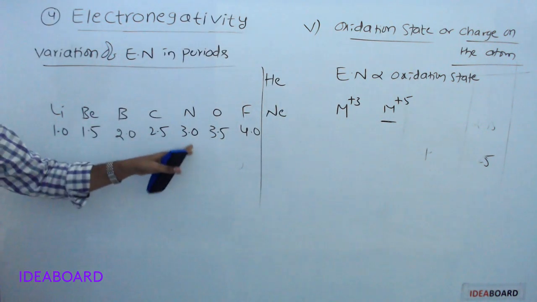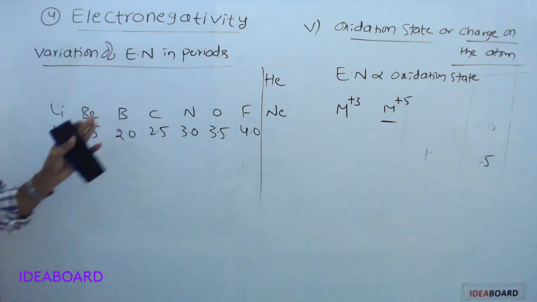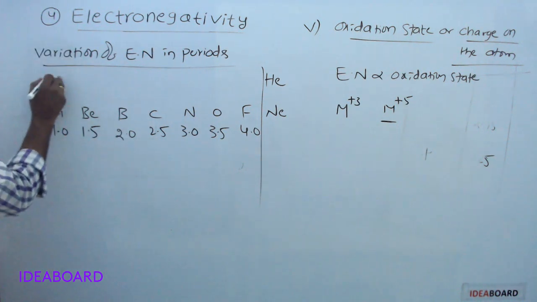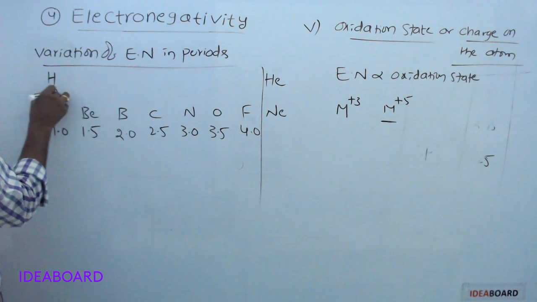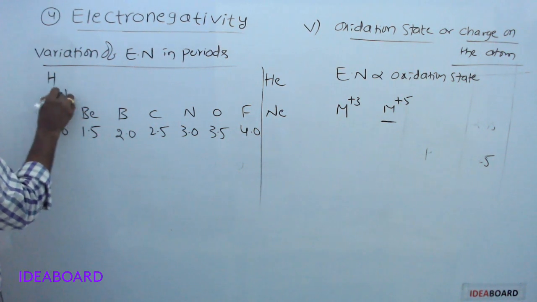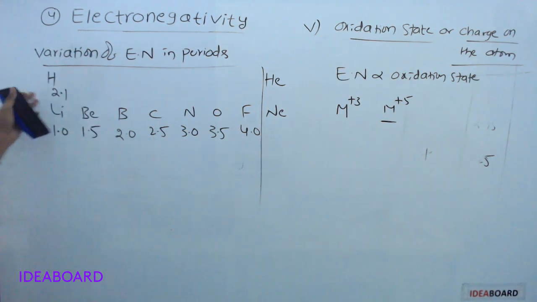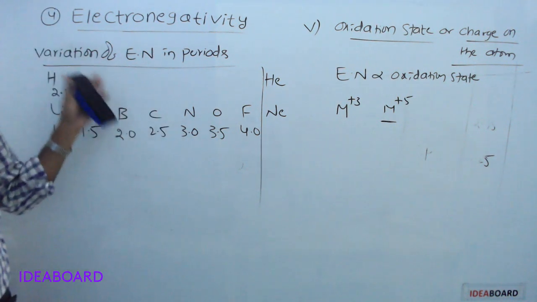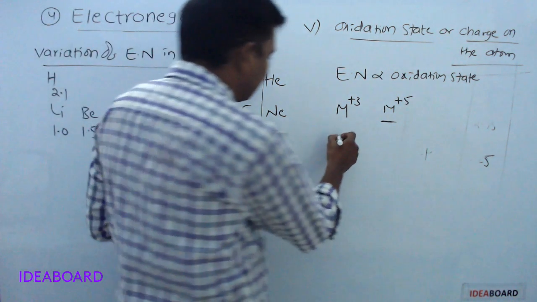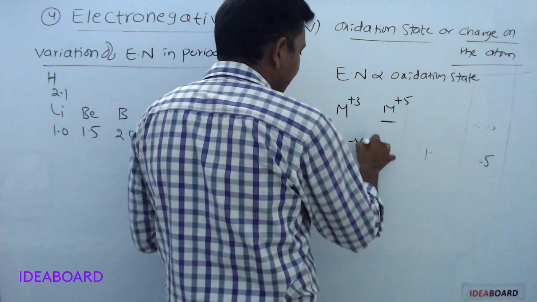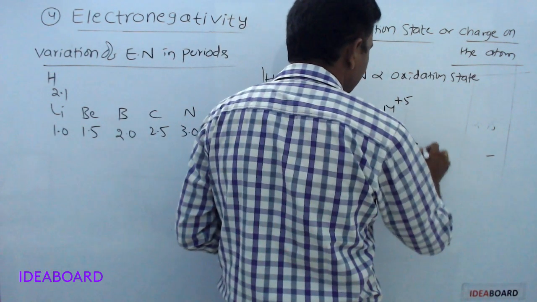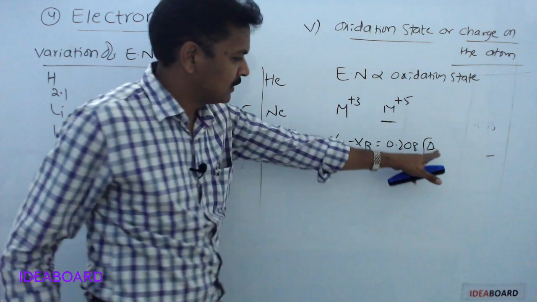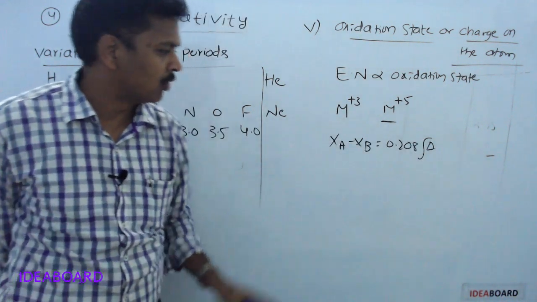These values are on Pauling scale. Pauling took hydrogen as reference element, for hydrogen 2.1. By taking hydrogen as reference element, he determined electronegativities of remaining elements. By using this formula, which I have already explained in the previous lecture, Xa minus Xb is equal to 0.208 into root delta. This delta indicates polarity of the bonds.